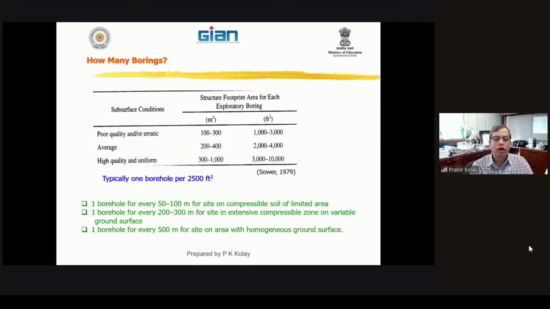Okay. So you see here one borehole every 50 to 100 meters of site for compressible soil of limited area. Then one borehole for every 200 to 300 meters for compressible zones of varying ground surface. And then one borehole every 500 meters on a site of homogeneous ground. So the soil is homogeneous, uniform, so no need to do more boreholes.